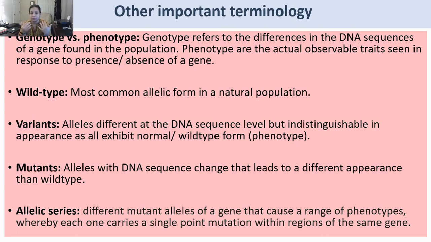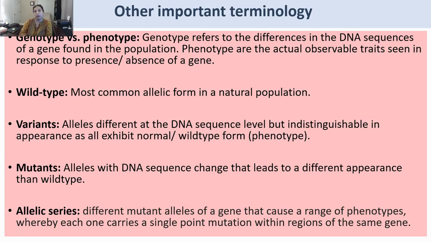Another category of mutants you will see in any given gene, any given observable trait, are alleles with DNA sequences that end up changing the phenotypic form. So changing what you observe at the end of the day for that trait. And now you have a different appearance than wild type.